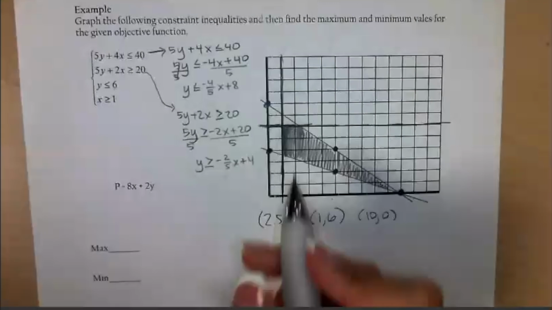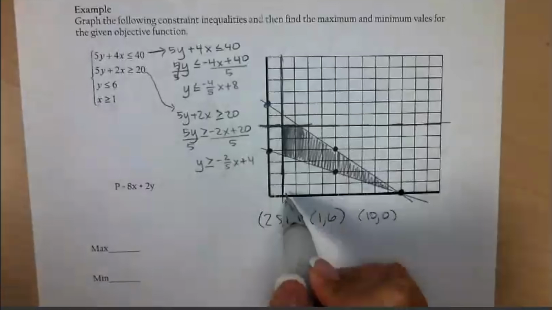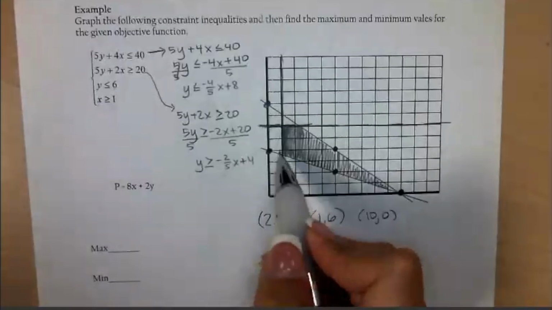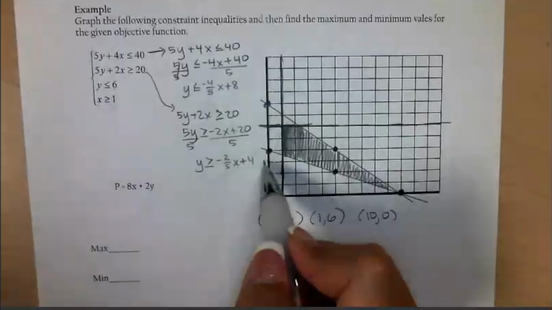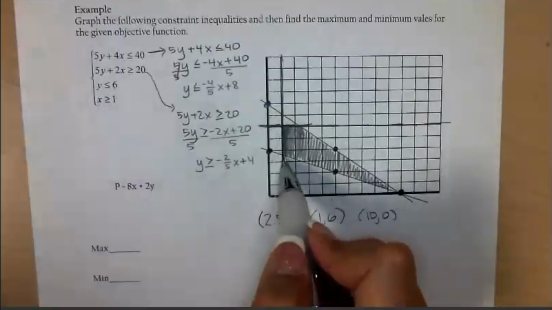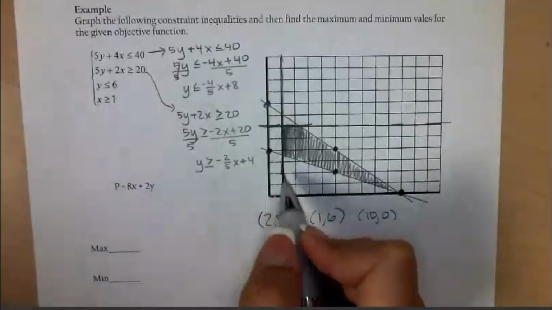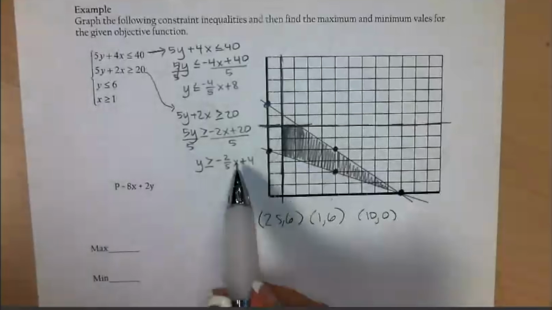Now for our last one, this one right here, is the intersection between our vertical line and our lower one right here. We can't graph a vertical line on the calculator, but we do know that the x value there is 1. So again, you can use substitution and plug in 1 right here to find that value.